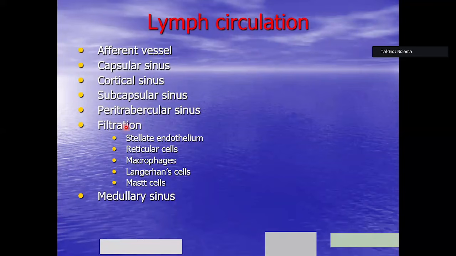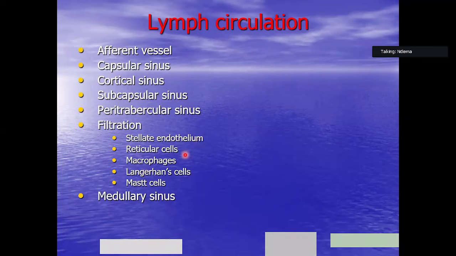This filtration zone contains reticular cells, macrophages, Langerhans cells, mast cells. So remember, this is the area where we have antigen presentation. This is the area where we have the removal of bacteria, removal of cells by both reticular cells and also mast cells and stellate cells.